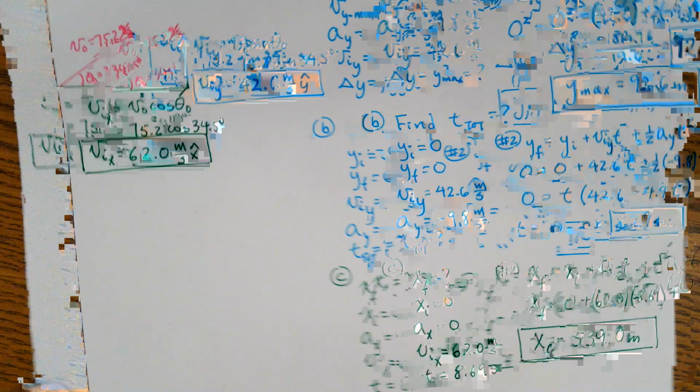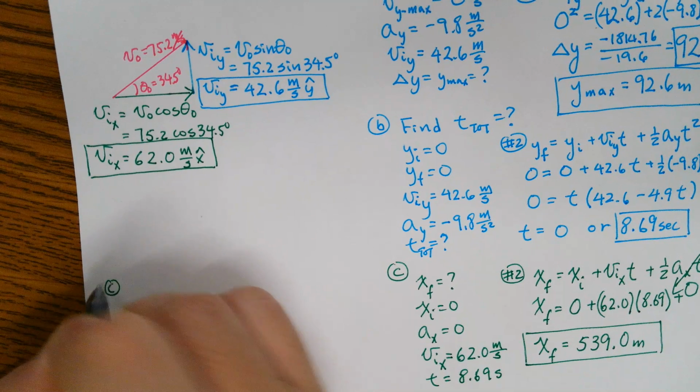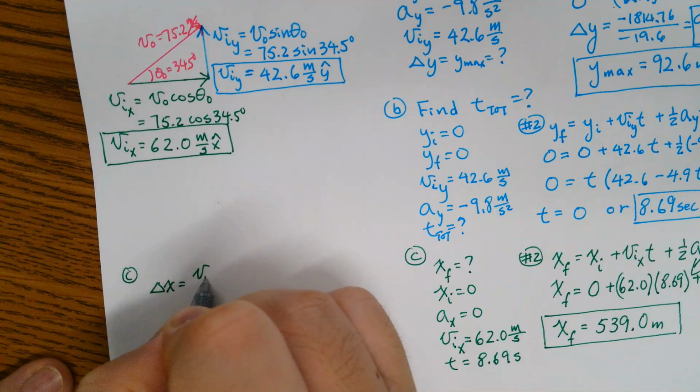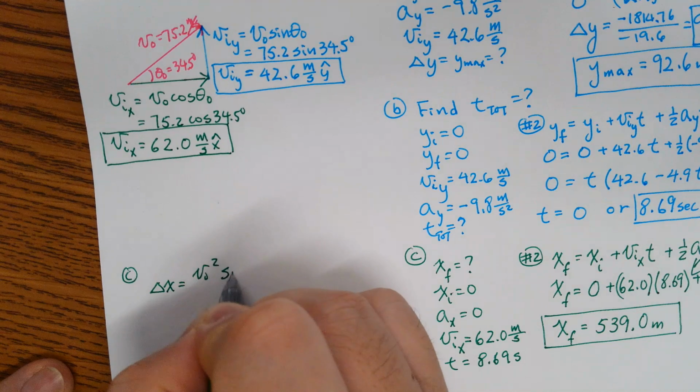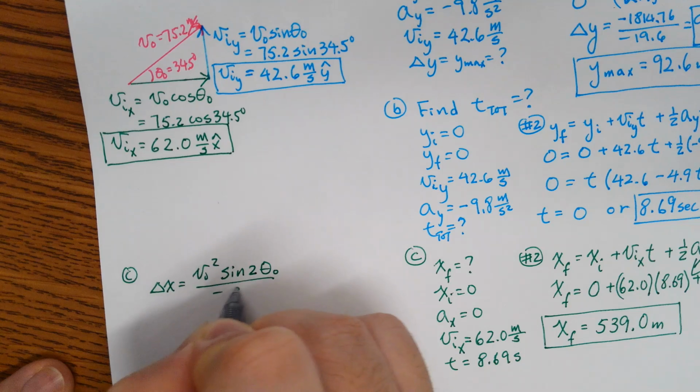Or an alternative way is, you could use delta x is equal to v naught squared sine of 2 theta naught over negative g.